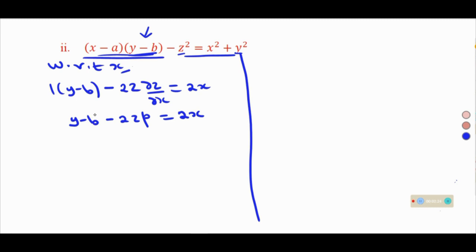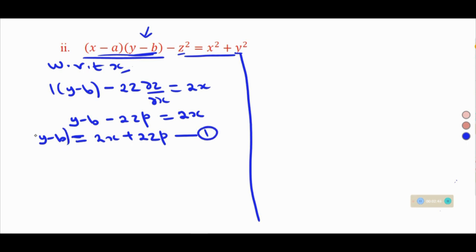So if I have y minus b here, and here I also have my y minus b, I can easily make y minus b the subject, such that I have y minus b, which is equal to 2x plus 2z p. So I can call this one here equation number 1.